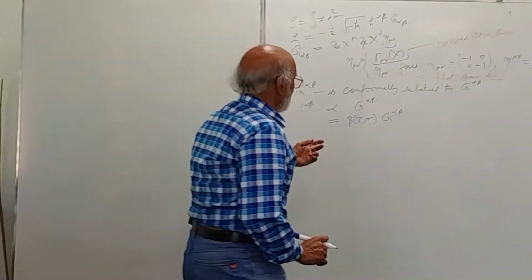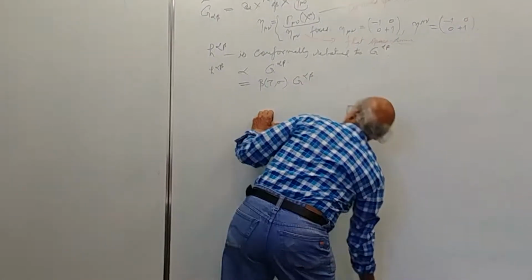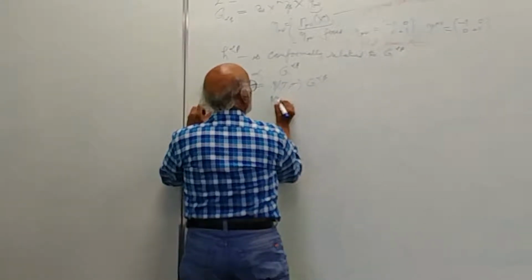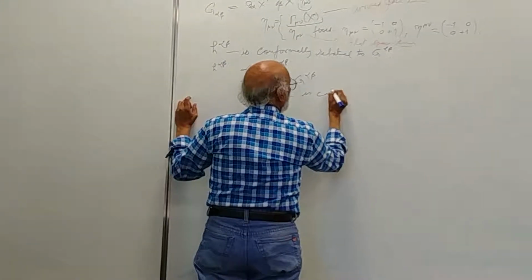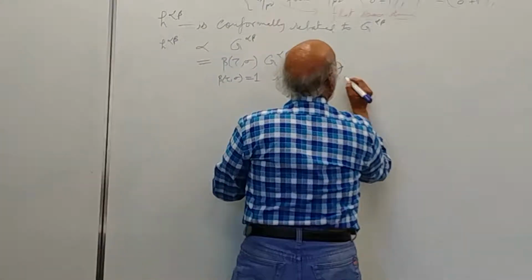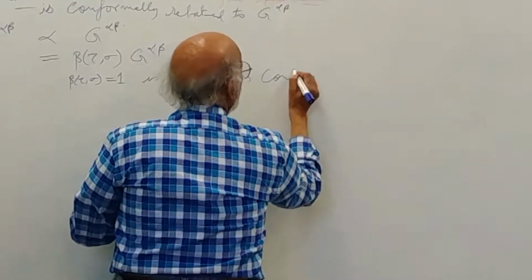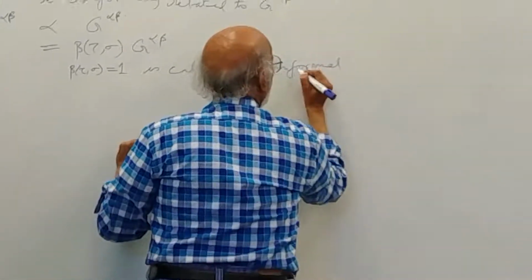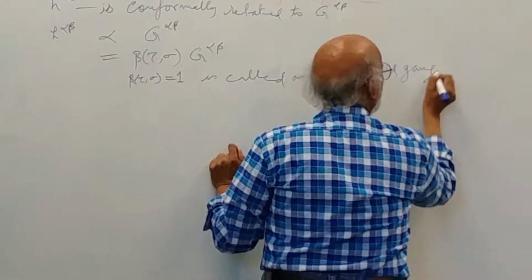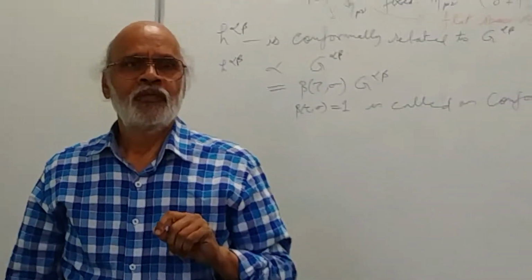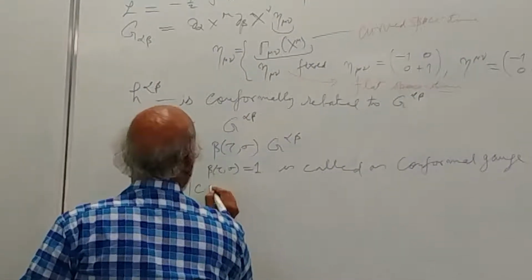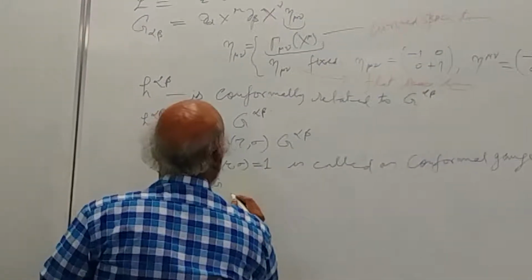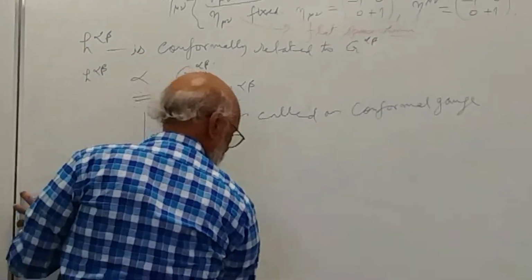Okay, and the special choice of B equal to 1 is called conformal gauge. When we take B equal to just 1, this is conventionally called conformal gauge. And in conformal gauge, this is just equal to G alpha beta.